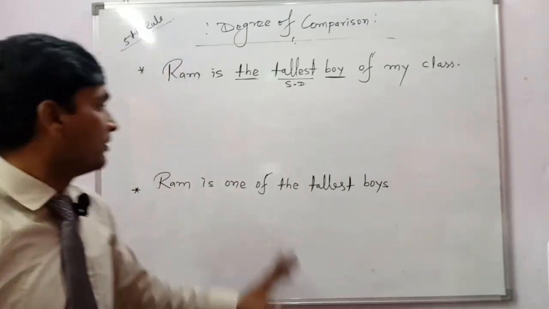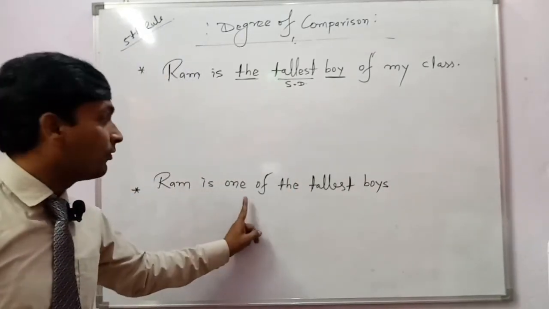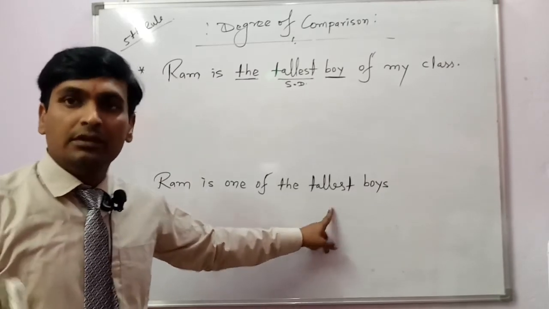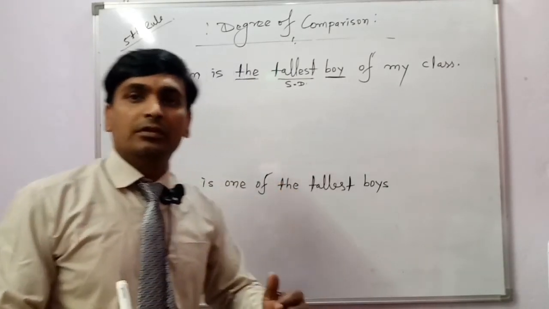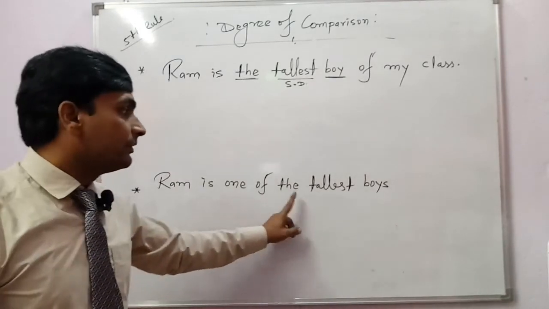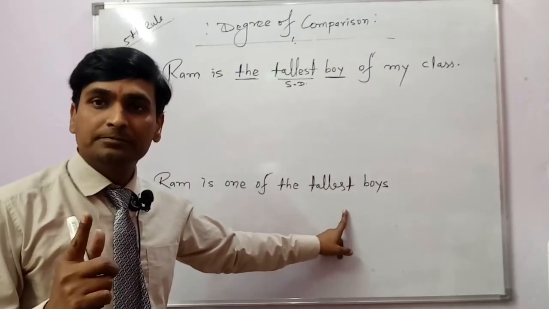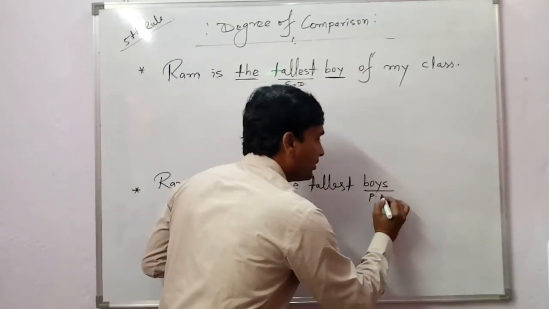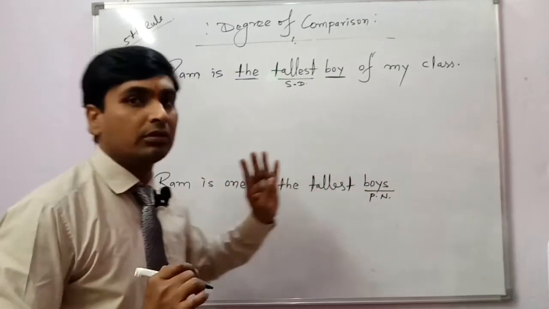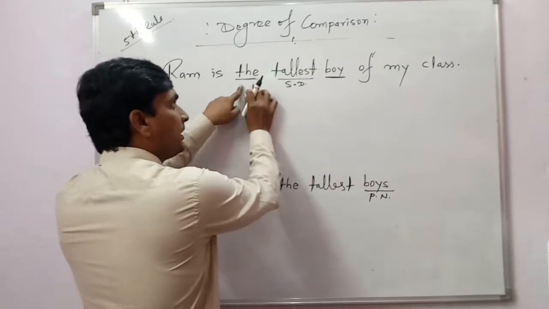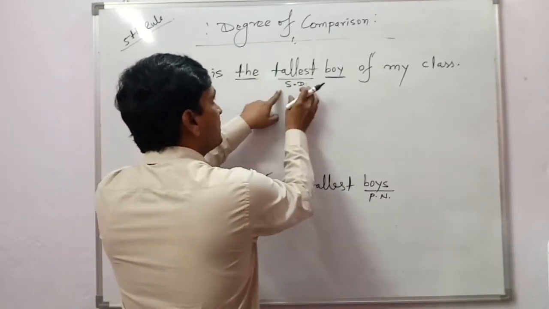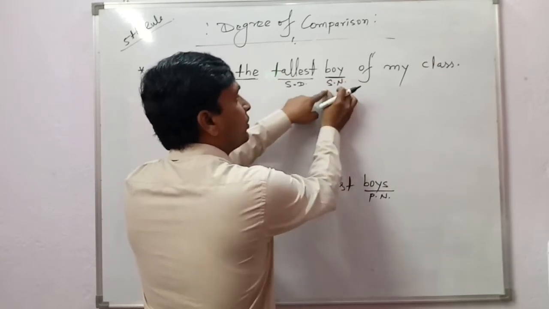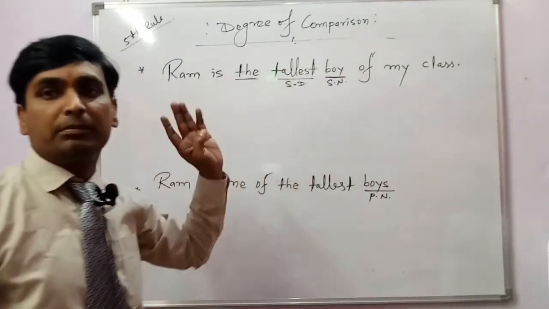So remember this. In the case of one of the plus superlative degree, and then what you have to write? Plural noun, P.N. This means plural noun. And in case of simple superlative, the plus superlative, you have to write S.N., this means singular noun. Always remember.